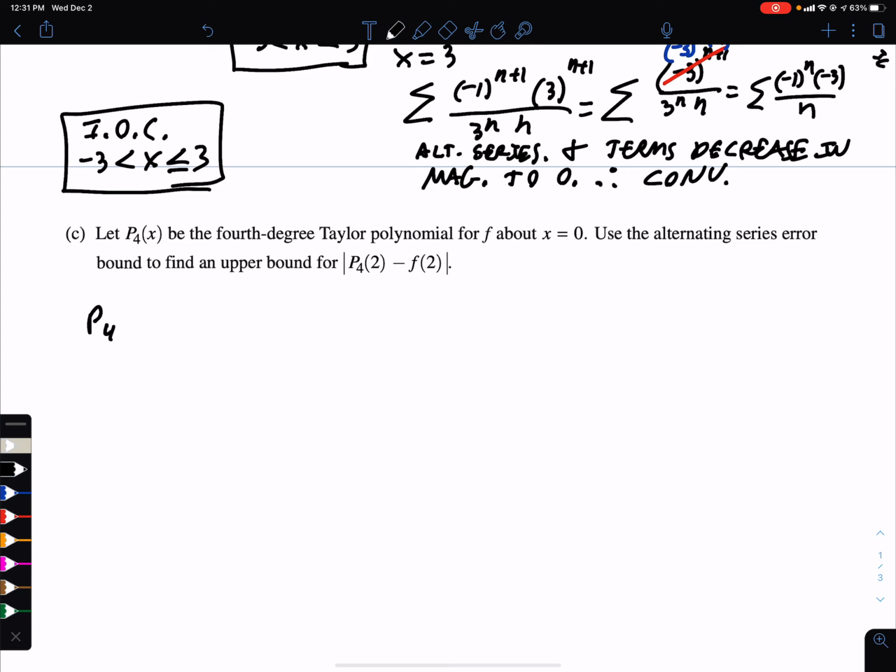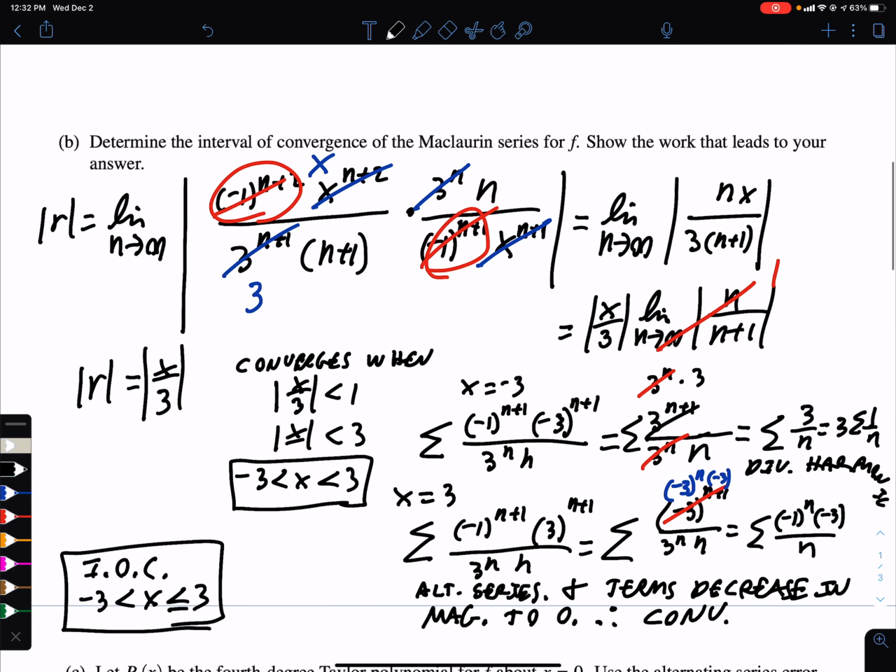So we know that error is less than or equal to the next unused term, which will be the fifth degree term. But in order to use this error bound, we need to conclude a couple of things. This needs to be an alternating series decreasing in magnitude, where the terms are decreasing in magnitude to 0.